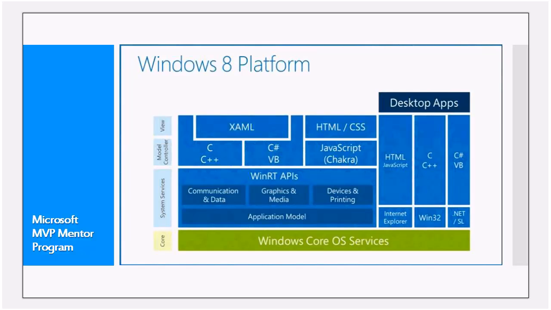But if you're a JavaScript or HTML5 developer, you can still build this using the tools that you know. And there's Chakra, the code name for the engine responsible for processing and running these HTML and JavaScript applications on Windows. Okay, let's move on.